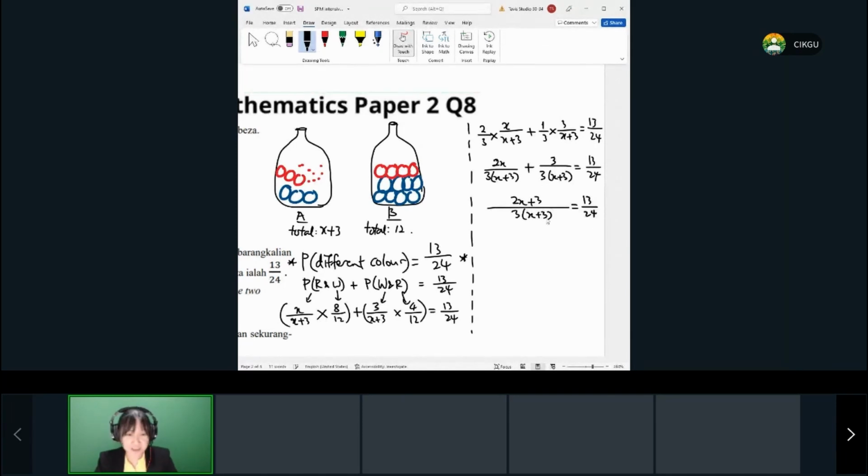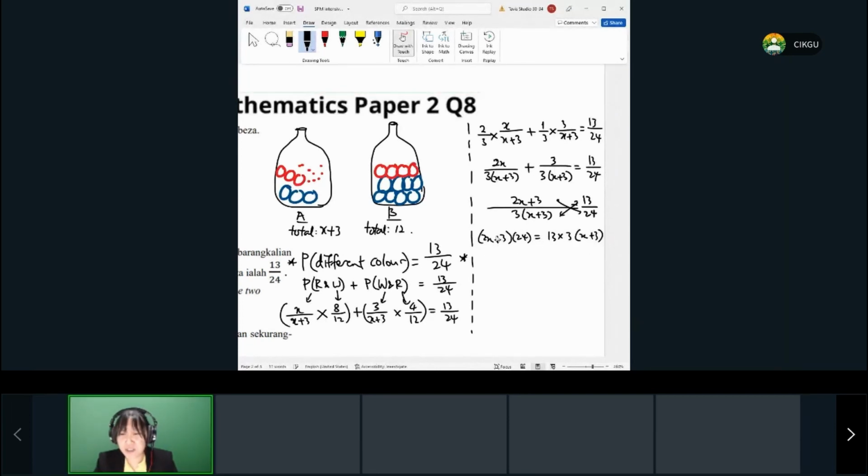When you reach this stage, with one individual fraction on each side of an equal sign, this is where you can cross multiply. Again, let me remind you, cross multiply only works if there's an equal sign and one individual fraction on each side. So that means 2x plus 3 multiplied by 24, and on the other side, 13 times 3, bracket that.